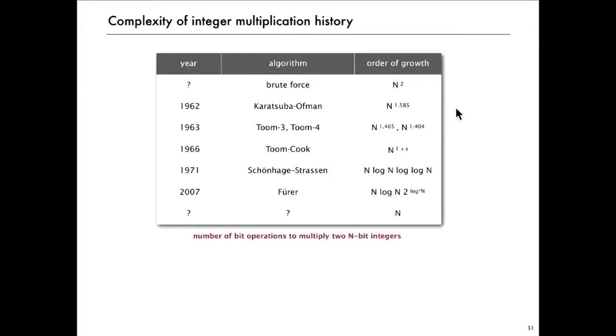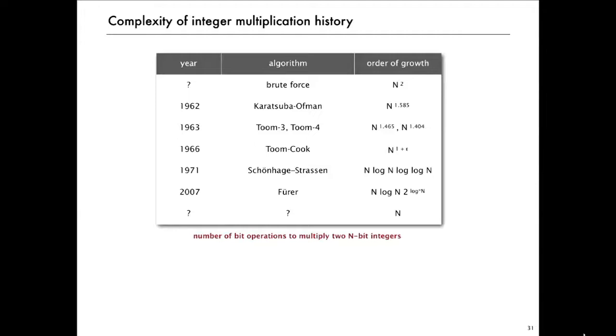It was divide and conquer: we divide the integers in halves and find a clever way to combine them to reduce the exponent. People have been working on this through the decades, and there's a big breakthrough just in 2007 that is getting it much closer to n log n, although there's no known lower bound for this problem. It could be linear. So people are still going to work on it.